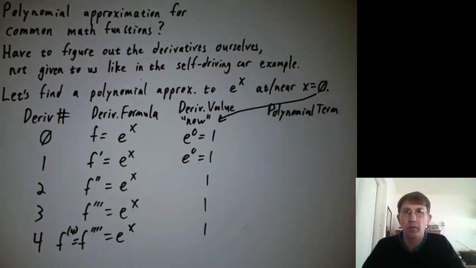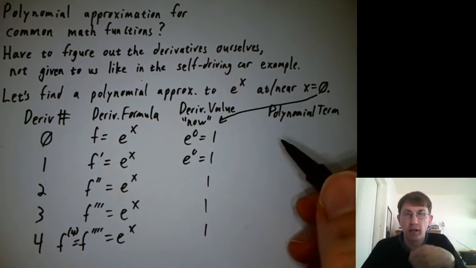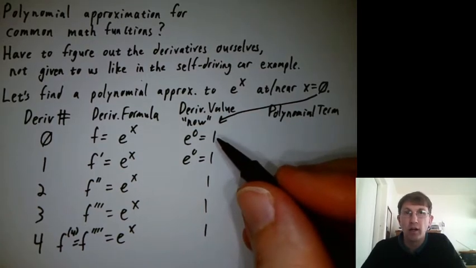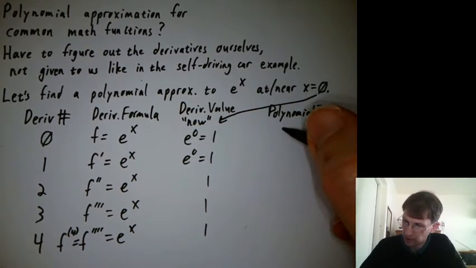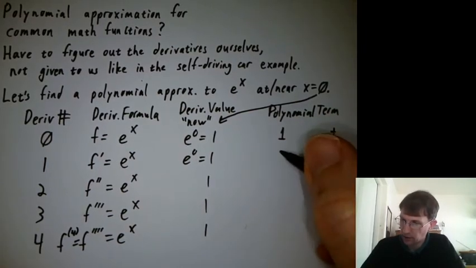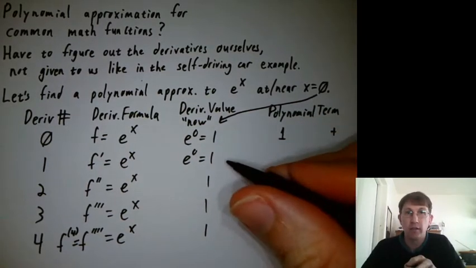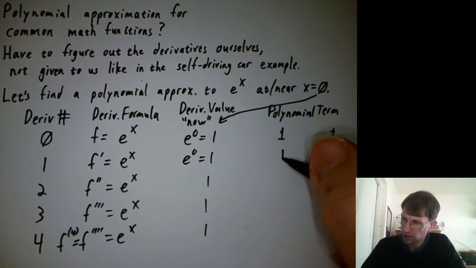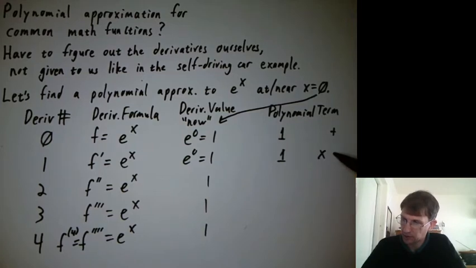So let's think back to what we had on the other video. Here we just had a 1, you could say. That was like our 3 meters. And then we had the velocity, which in this case is 1, times t, or here it would be x.